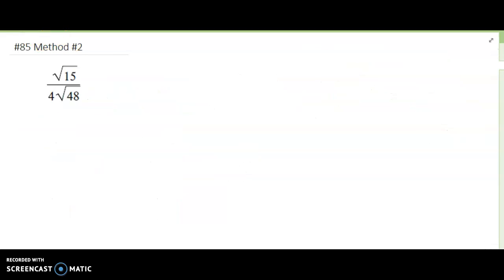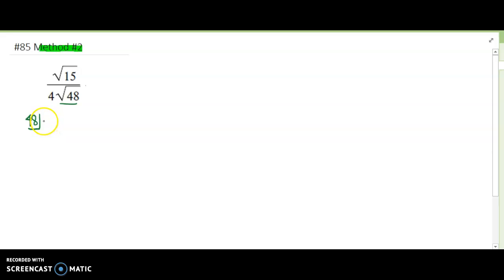All right, so a second method you can do is method number 2 here. Before we just multiply the square root of 48 over the square root of 48, I'm going to simplify the square root of 48. Basically, this keeps it from having to work with such large numbers.